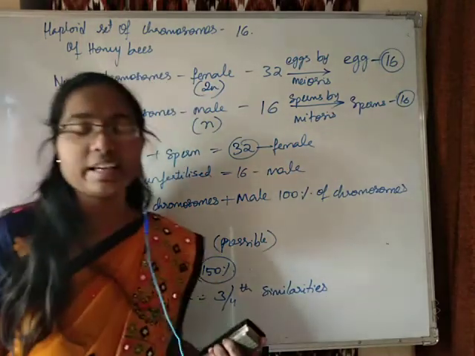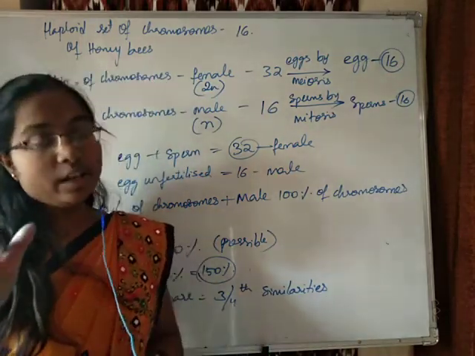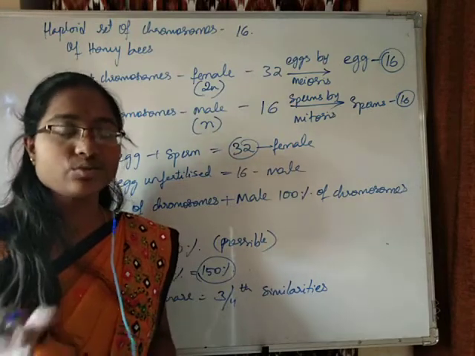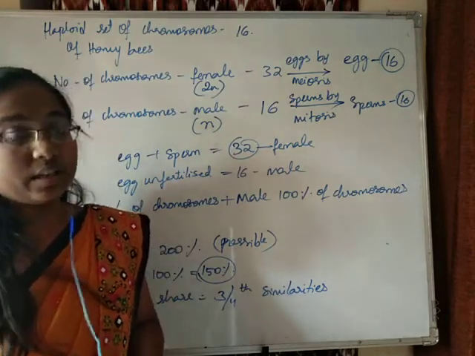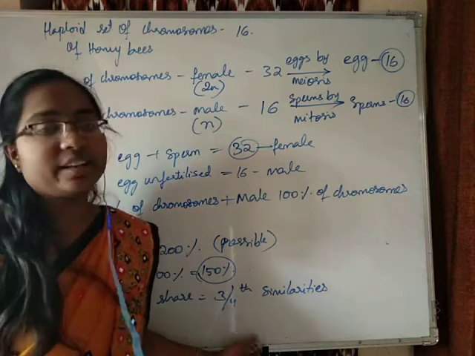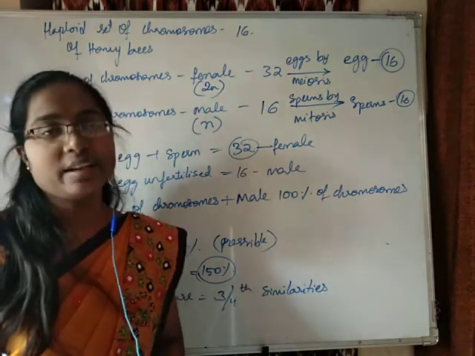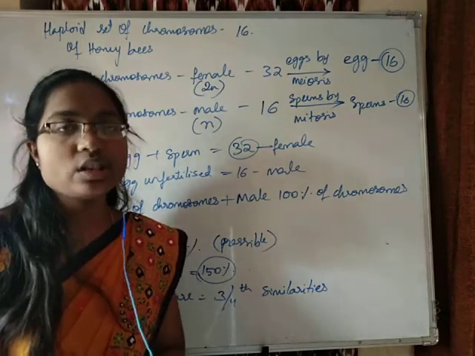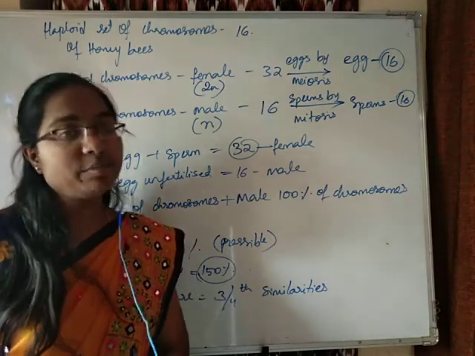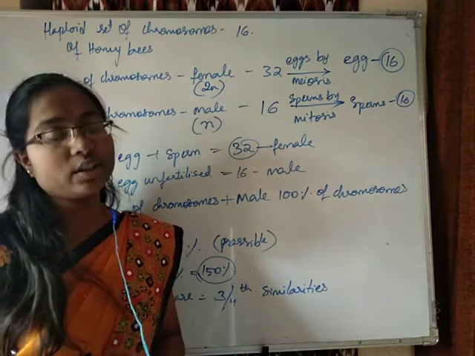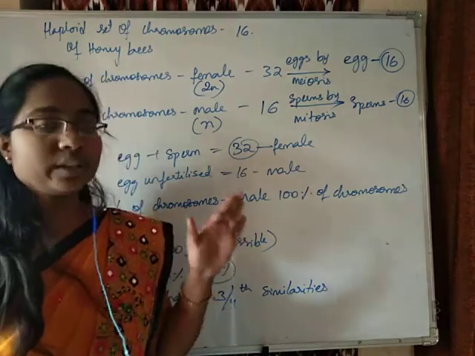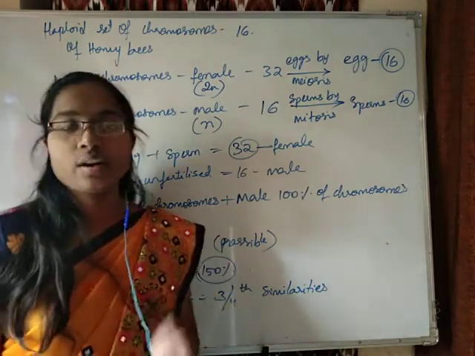Normally, offspring share half, 50% similarities, but here they share 3/4, that is 75% similarities with each other. So this is the determination of sex in honeybees.